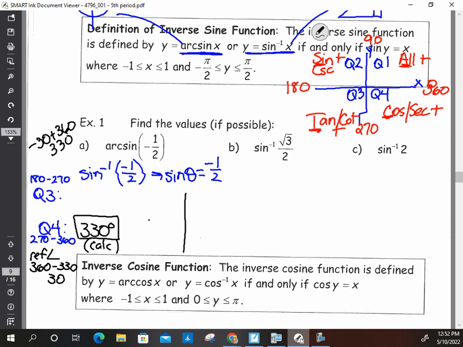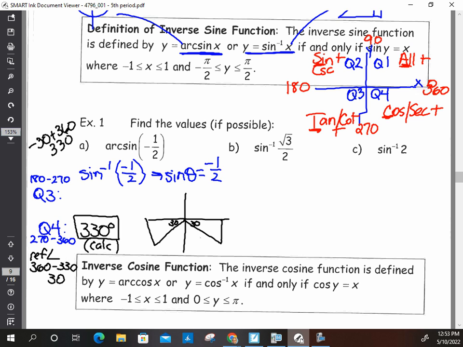So this angle inside of a triangle is 30 degrees. So that means to go to quadrant 3, we go over to quadrant 3 and we put 30 degrees inside of a right triangle.